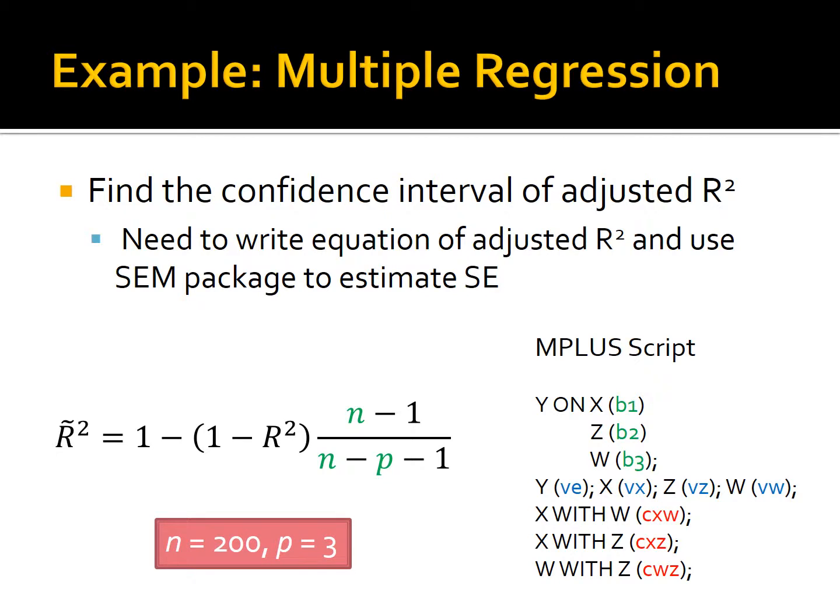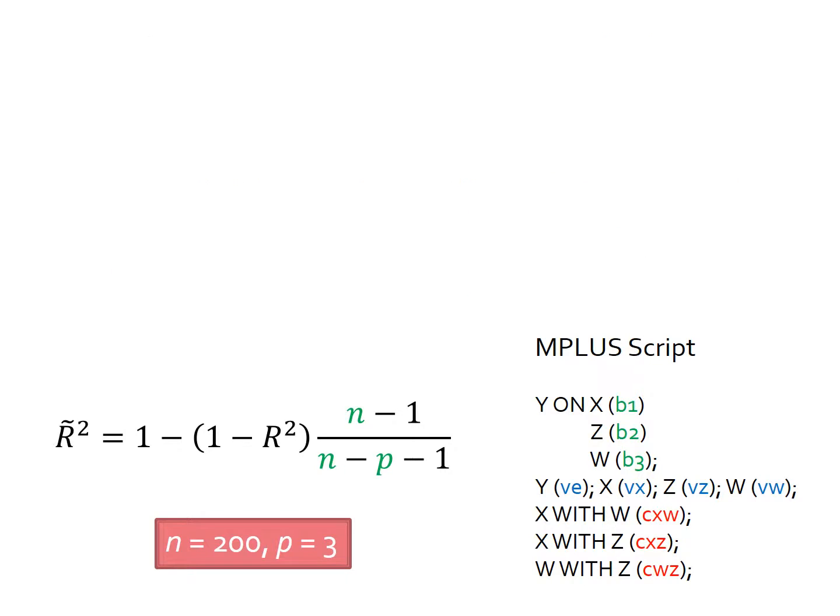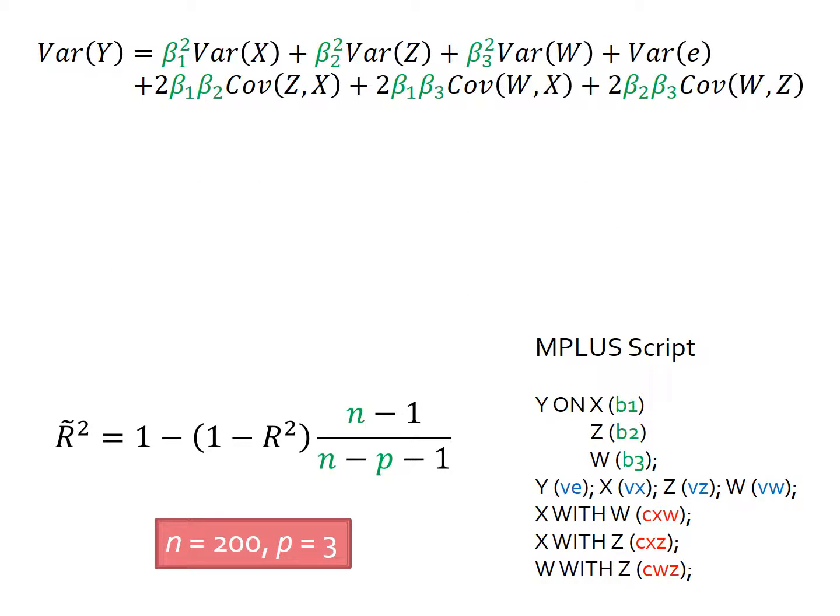N equal to 200 in this example, and p equal to 3 because we have x, z, and w. So we know the equation of the variance of y equal to something over here. Then we need to calculate the variance of y and the variance of the predictors to get the R-square, and then use the R-square to calculate the adjusted R-square.